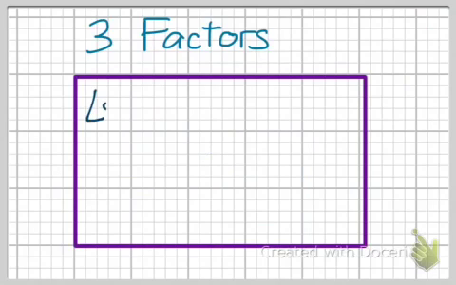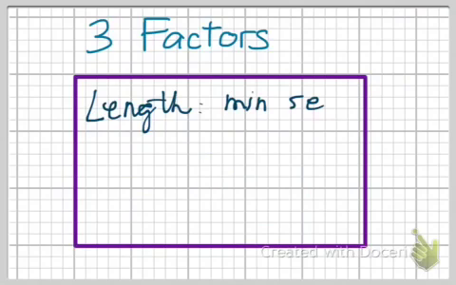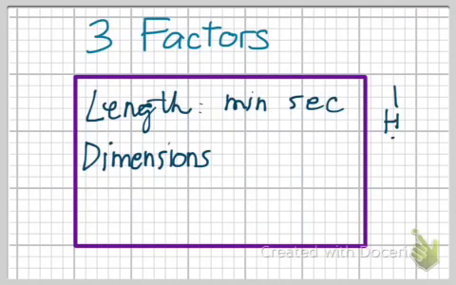One of these is length, and that can be expressed in terms of how long the video is in minutes and seconds. The dimensions of a video involve the video's height and width.